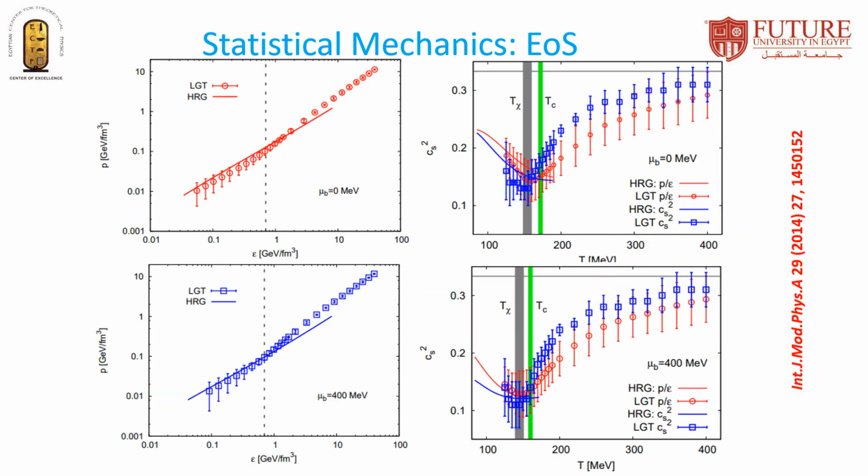To compare with the lattice QCD, I'm comparing here the resonance gas thermal model with the lattice QCD, and you can see if I go to higher densities, as in the bottom panels here, I also could manage to reproduce the latest data. I mean the proposed equation of state measured or calculated in the thermal model matches well with the lattice.